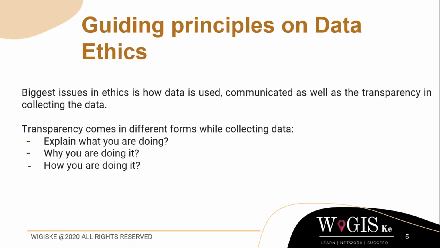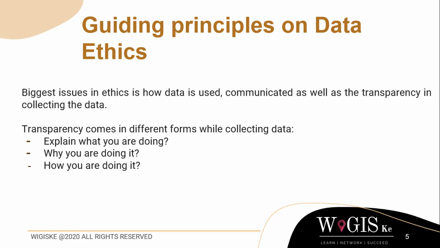So what is it that you're doing with the data that you're collecting? For example, for software developers who are developing different applications: if you're developing a game and you'd like this game to collect data on where this person is playing the game, how old they are, how often they play the game, you have to put as part of the description of the game that this is exactly why I am collecting this data.